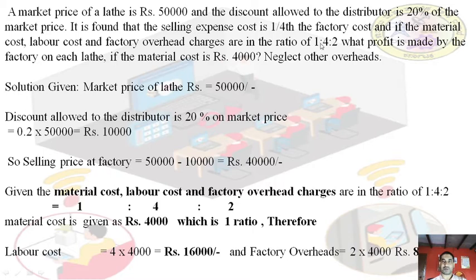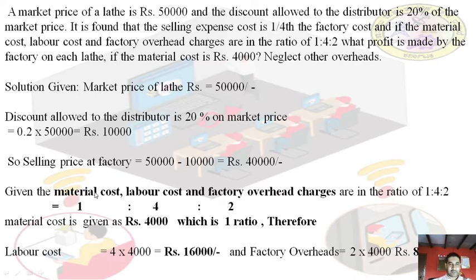Material cost is 1 ratio, labor cost is 4 ratio, and factory overhead charges is 2 ratio. He has given that the material cost is rupees 4,000, which is 1 ratio.